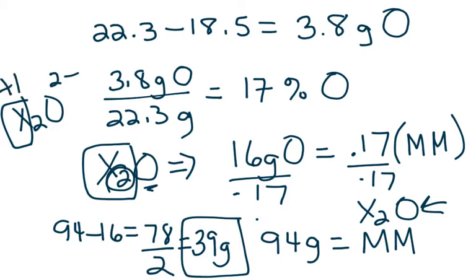Realistically, we're expecting X to have a charge of +1, which means, because we would need 2 of them to balance out the oxygen, that we're looking at the alkali metals. So look at the alkali metals. Who has a mass of 39 grams? Correct. Potassium. So element X equals potassium because potassium has a mass of approximately 39 grams.